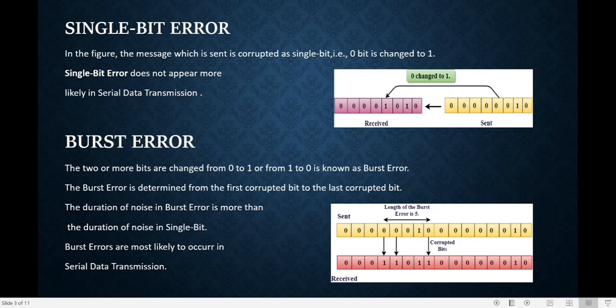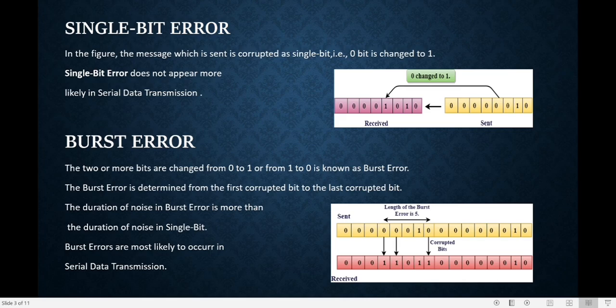And the another type of error is burst error. The two or more bits changed from 0 to 1 or from 1 to 0 is known as burst error. That is, multiple number of errors present in the transmitted data is known as burst error. The burst error is determined from the first corrupted bit to the last corrupted bit.